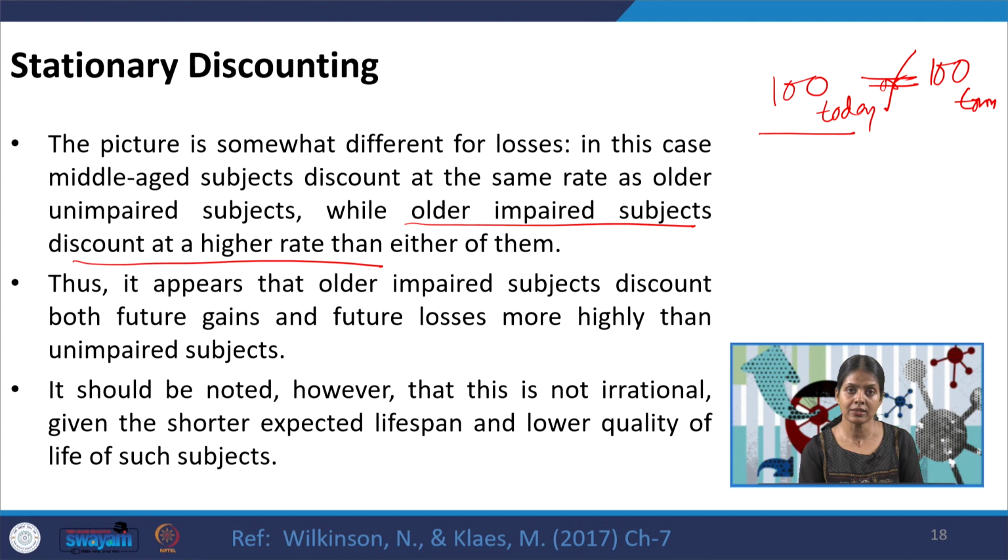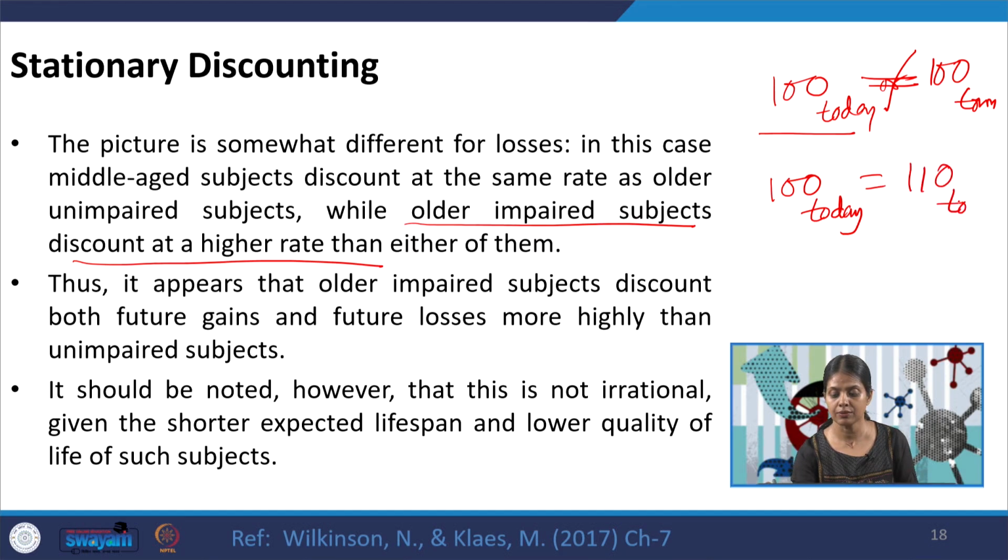Now, if I ask that individual how much would you like to receive in order to be indifferent between 100 rupees today and rupees tomorrow, suppose that individual says that either you give me 100 rupees today or you give me 110 rupees tomorrow.